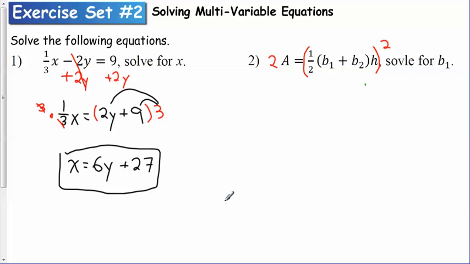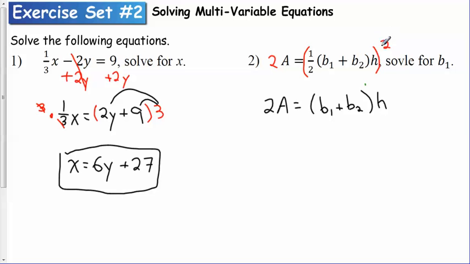Now, this means 2a, 2 times a, so 2a equals, now here's the part I just need you to understand. What does the right side become? If I go through and take 1/2 times the quantity b1 plus b2 times h, and I multiply that entire right side by 2, I'm going to be left with b1 plus b2 times h.